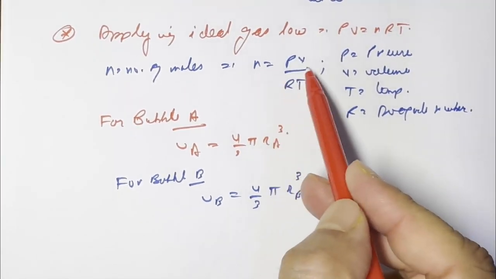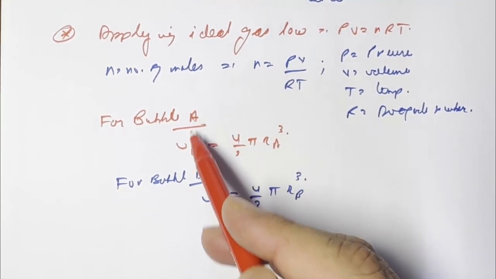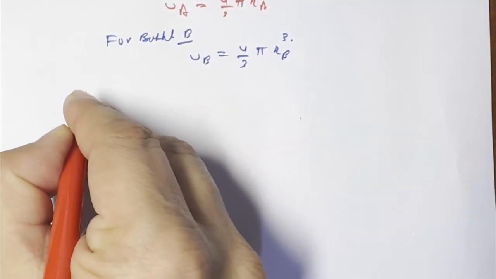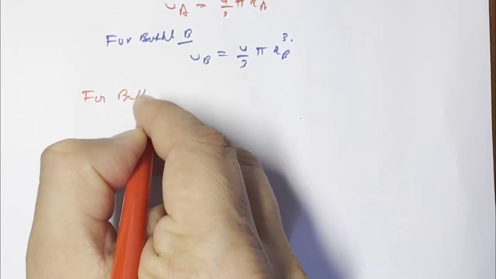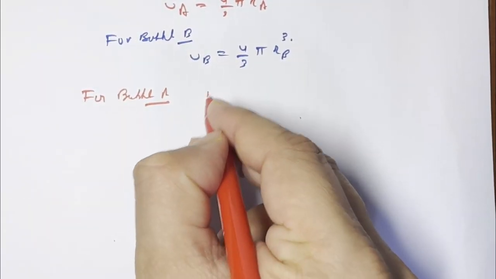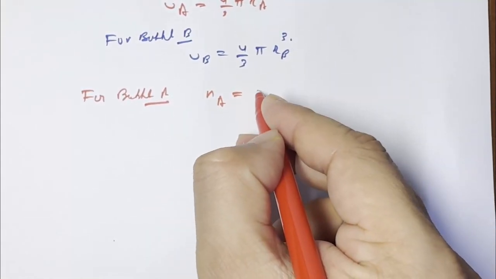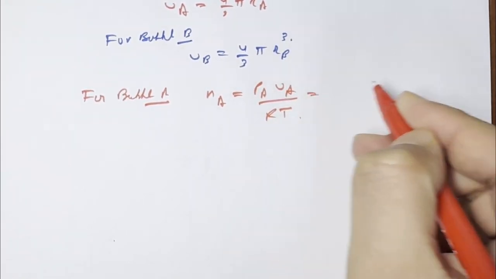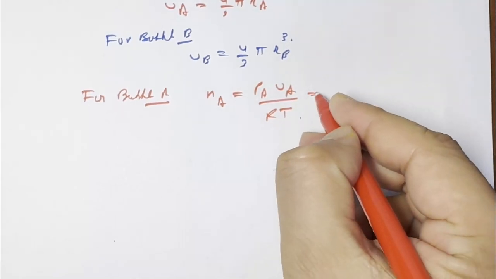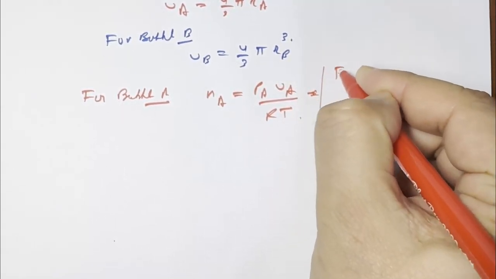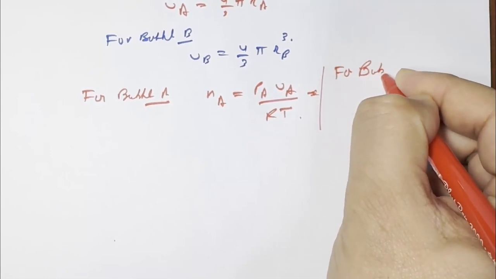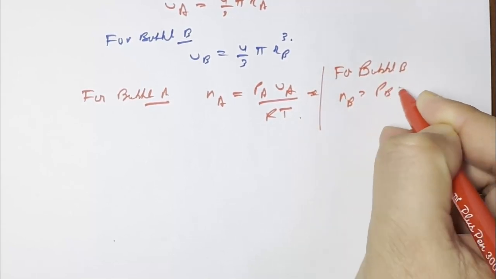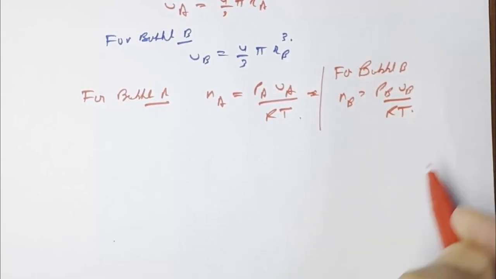Now we modify the equation for bubble A as well as bubble B. For bubble A, NA will be equal to PA VA upon RT, and for bubble B we can write NB is equal to PB VB upon RT.